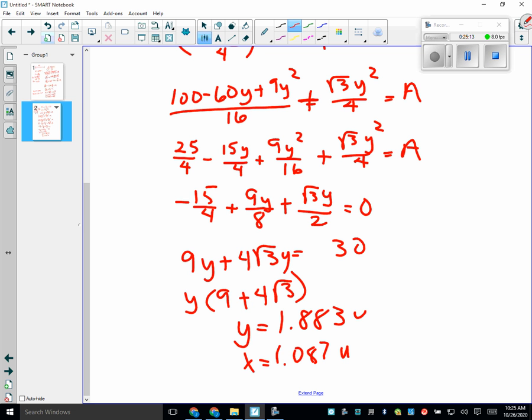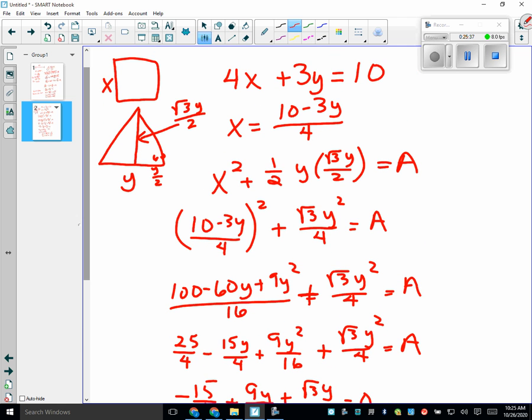Do you just need to put line x or do we need to put like... Well, what I did is I said, this was a triangle, this was the square. So I noted which was which. What would you put? I plugged it into where I had an x equals, right here.